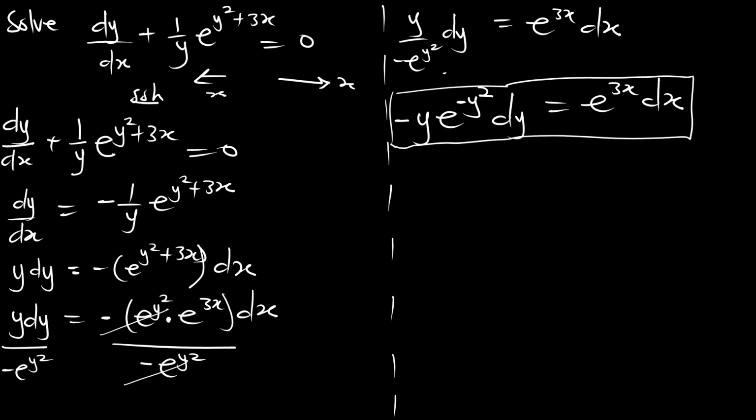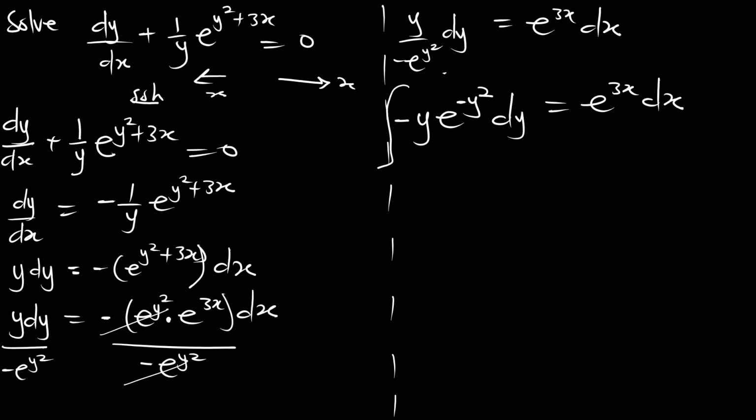When you check either side of the equation, if it is with respect to y, they are only y functions. If it is with respect to x, they are only x functions. So what we need now is to apply our integration and solve the equation. So I'll apply my integral here.